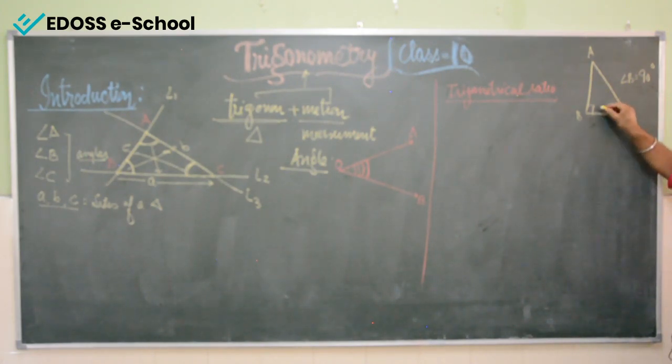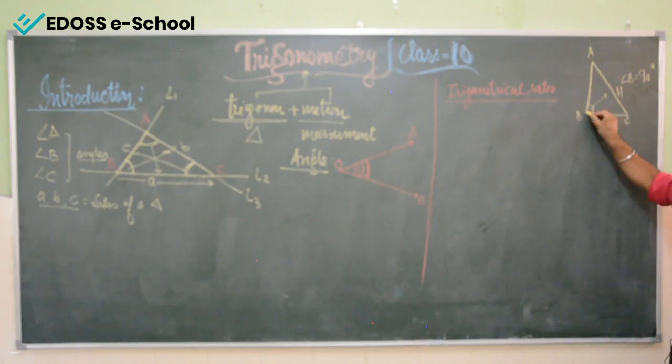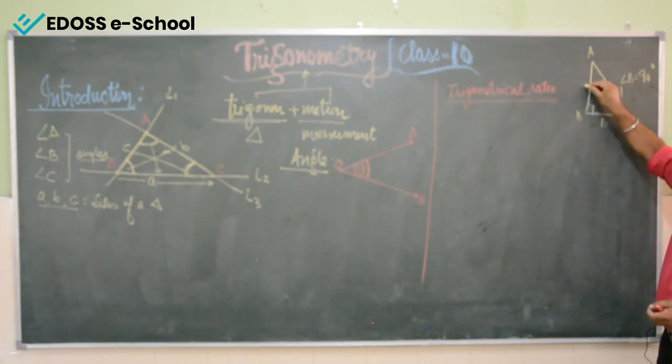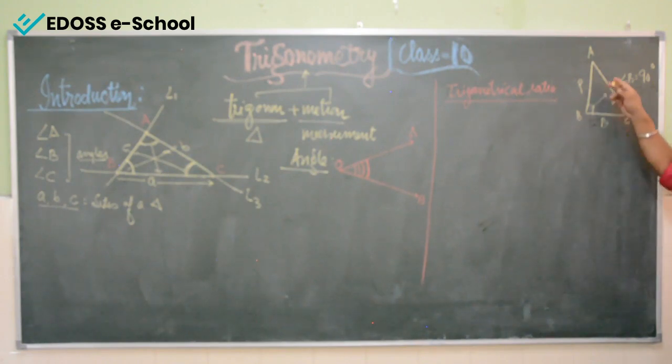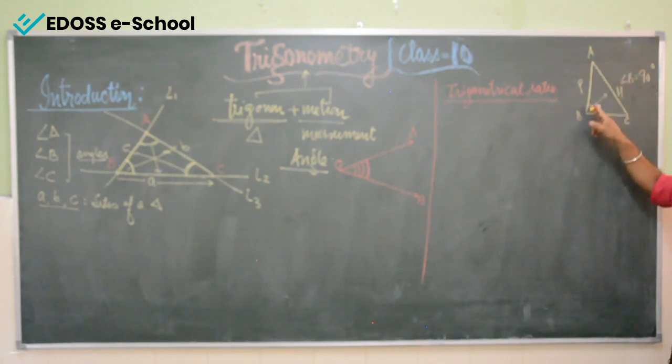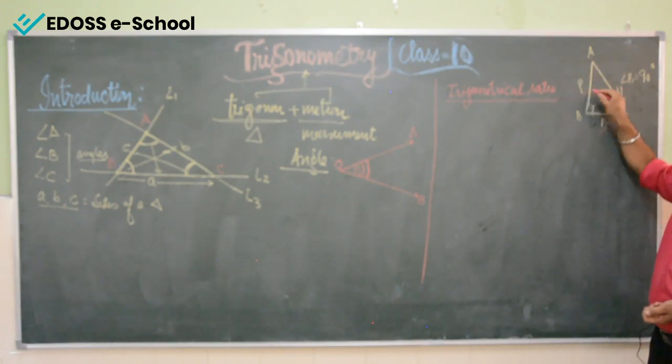The side opposite to 90 degrees is always considered the hypotenuse, H. The side BC is known as the base and AB is known as the perpendicular. This is the basic key for trigonometry. We have a right angle triangle ABC which is right angled at B. Then BC is the base, AC is the hypotenuse, and AB is the perpendicular.